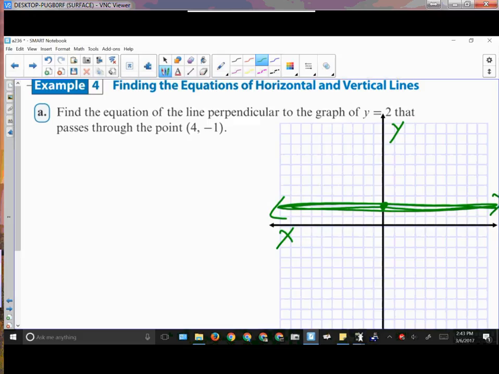So there's my line. And now I want to find the line perpendicular to it that goes through 4, -1. Let's see, where's 4? 1, 2, 3, 4, -1. Right there. So if I want it to be perpendicular, it would have to go up like that. Yes?